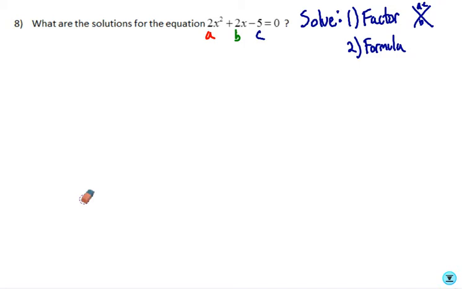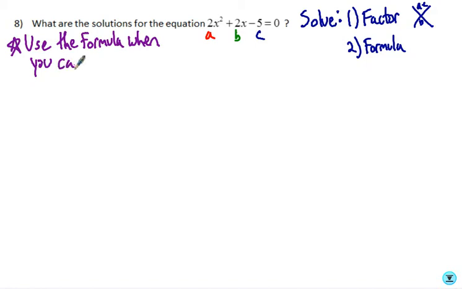So what we end up doing is that if you can't factor, we're going to use the formula. Now I will say this, there are some people who prefer using the formula every single time, and you can do that.